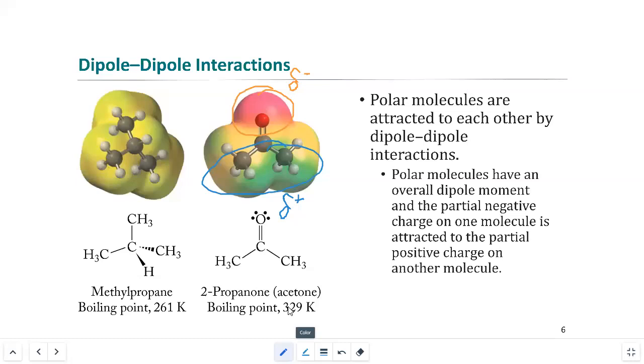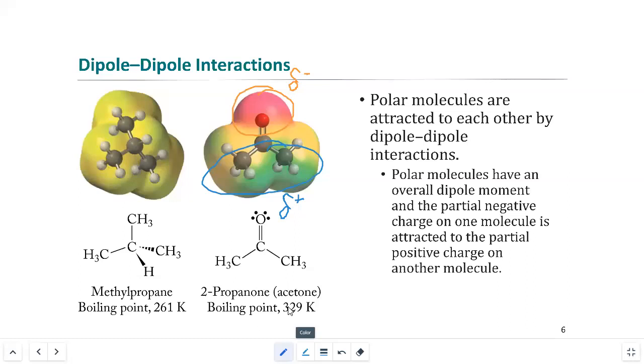But because of this dipole moment, the fact that we have this negative area and this positive area, and that negative area and positive area are always there, they can attract each other. The negatives can attract the positives, and the positives can attract the negatives.